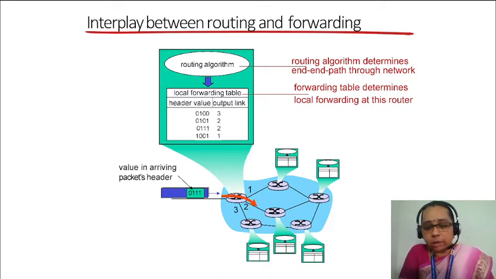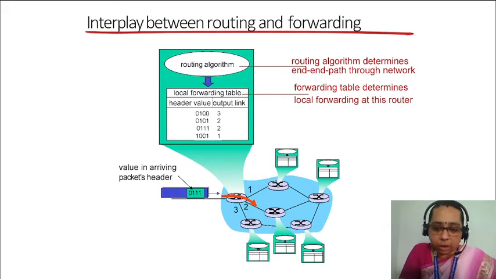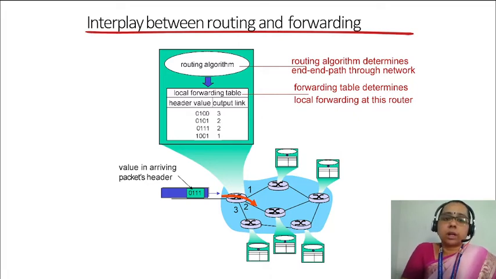When the packet arrives at the initial level, it moves either through pathway 1, pathway 2, or pathway 3. This has to be determined by the routing algorithm.